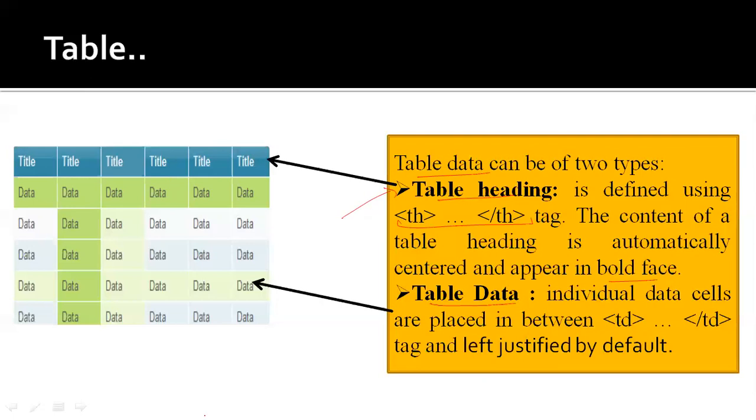And table data specifies the individual data cells that are placed in between TD tags, and by default they are left justified. As you can see here, these are table heading and table data is specified by data.